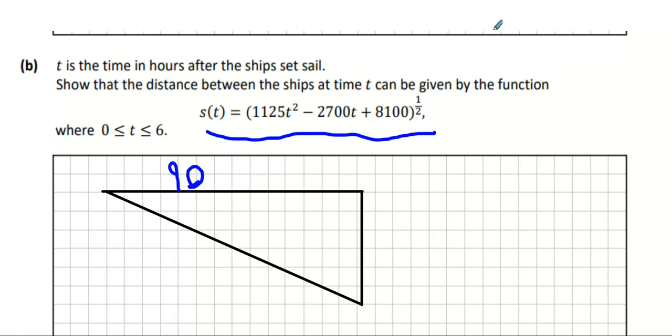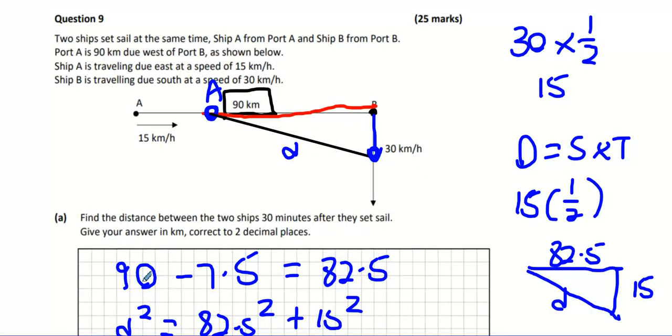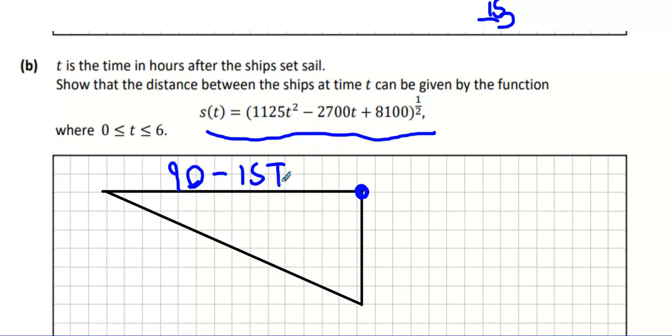And what happens is every hour we're going 15 kilometers closer to where B starts. So this distance is going to go downwards. But it's going to be 90 minus 15t. 90 take away the speed multiplied by the time it's traveled. That's what we did in question 1. We got 90 and we took away 7.5, the distance that it covered in half an hour. So we're still doing 90 take away 15 times t.